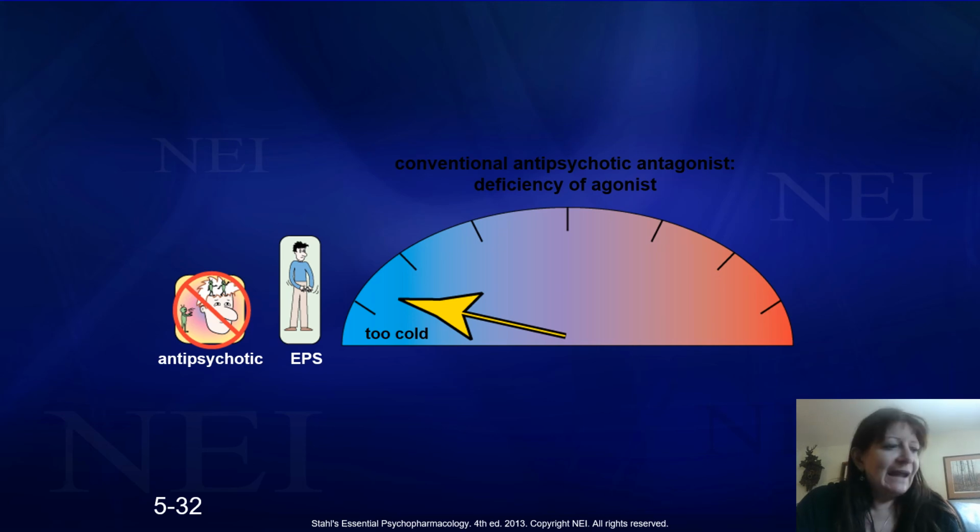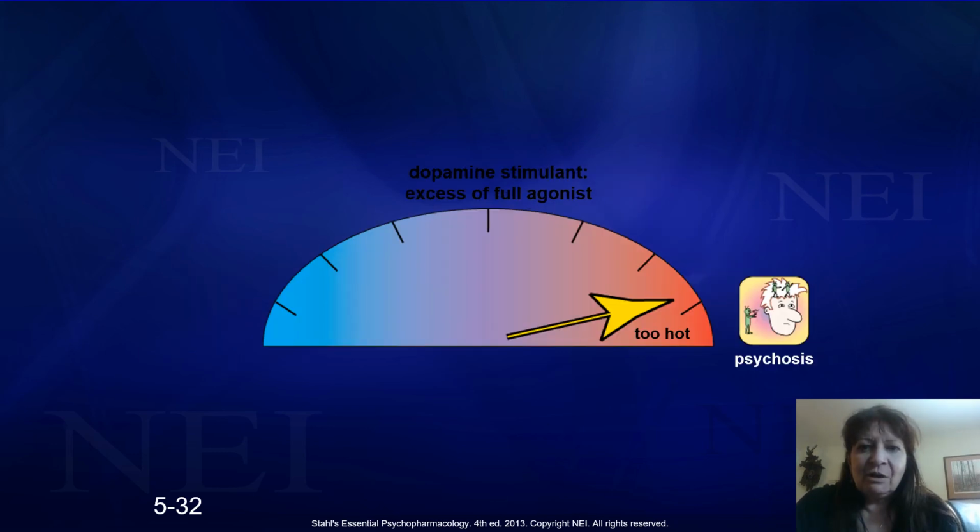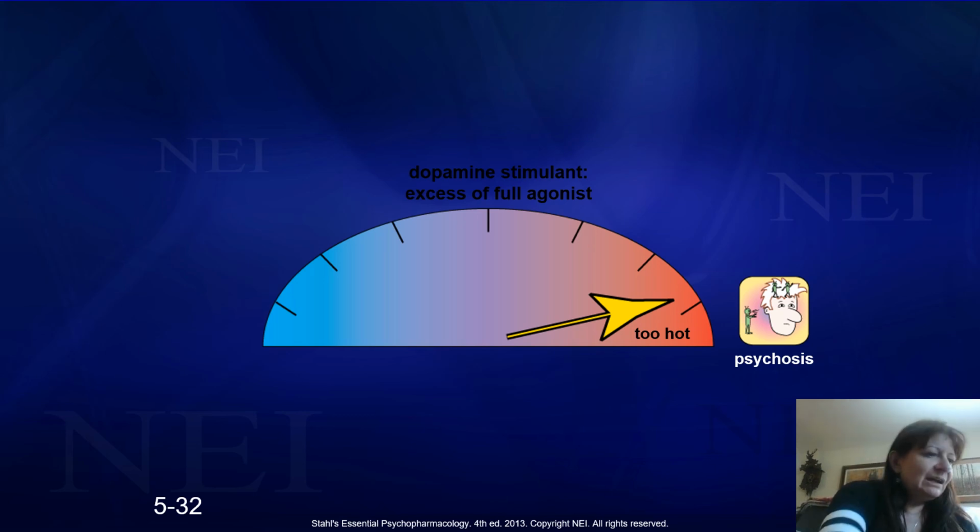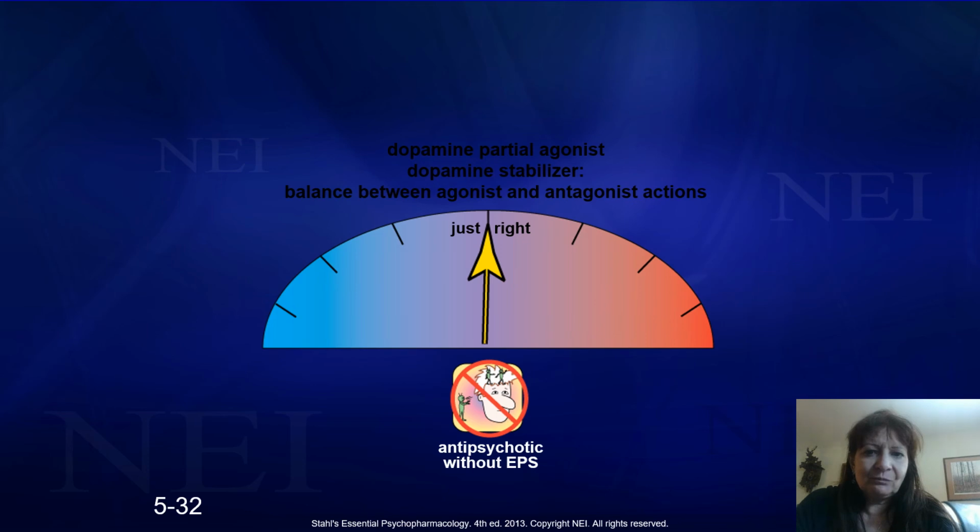So we're looking at what we call a spectrum of dopamine neurotransmission from too cold, where the conventional antipsychotics bind to D2 with powerful antagonist actions and prevent agonist actions, decreasing positive symptoms but causing EPS, all the way to the opposite, D2 receptor agonists, too hot, causing positive symptoms of psychosis.